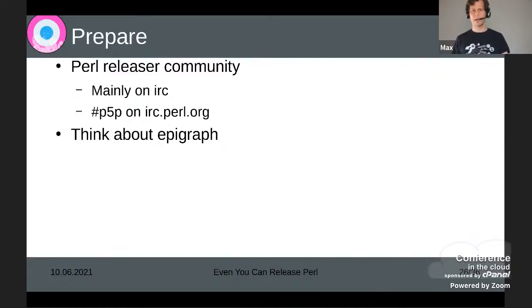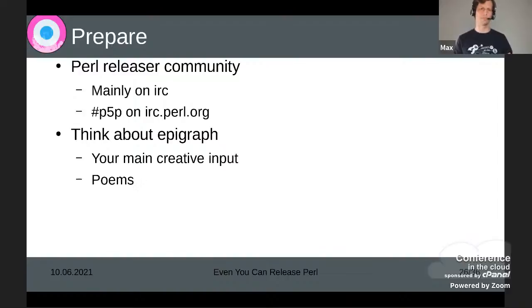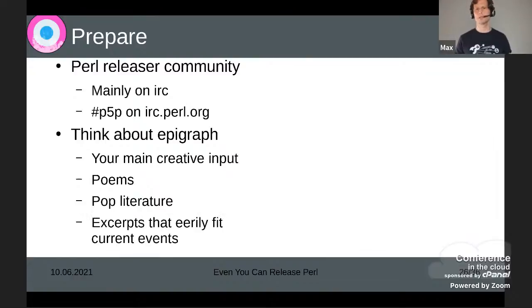A major part of the preparations is thinking about the epigraph. This is your main creative input as a release manager into a Perl release. So find something that you want to publish there with your release of Perl. People have already used poems, pop literature, or other excerpts from text that maybe eerily fit current events.